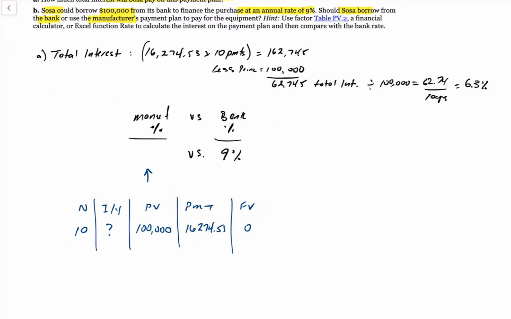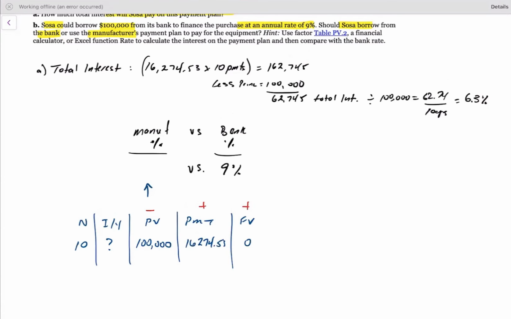Okay. Now, if you put these numbers as presented into your calculator, it will either give you an error or something pretty weird. That's because the calculator treats the present value as the opposite sign of the payment and the future value. If we're going to put both of these in as positive numbers, you need to put this in as negative.